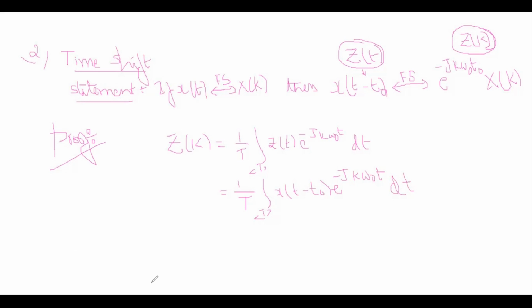So how can you prove this directly? It is not x of t e power minus jk omega naught t dt; instead of t here, t minus t naught is there. So keep these two terms as a single term, assuming t minus t naught is equal to m. Here t naught is a constant, so apply the derivative on both sides.